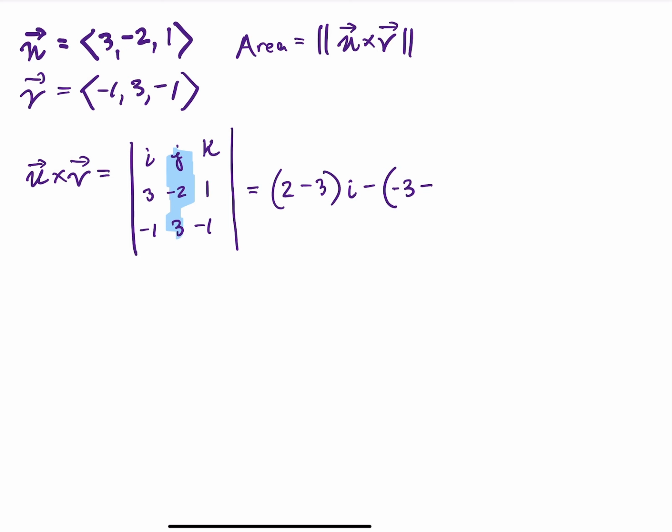So we'll be subtracting a negative, so that should actually become plus 1. Okay. Plus, covering up our third column and multiplying the diagonals, 3 times 3 is 9, minus negative 1 times negative 2 will give us a positive 2. So 9 minus 2.